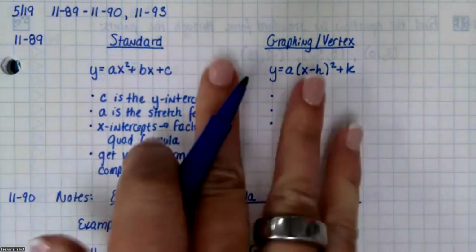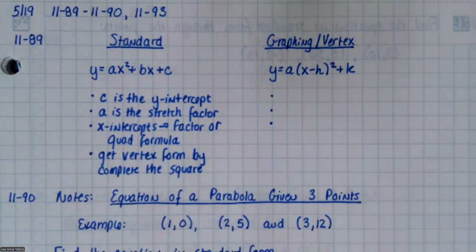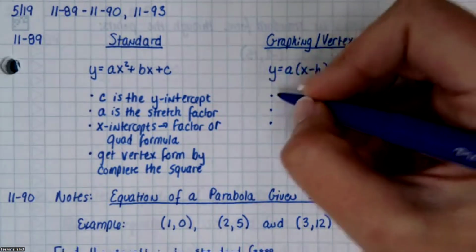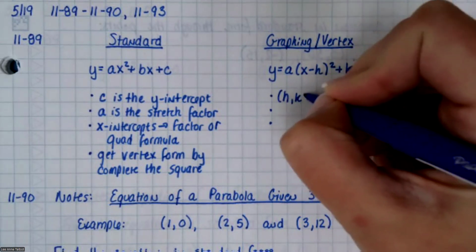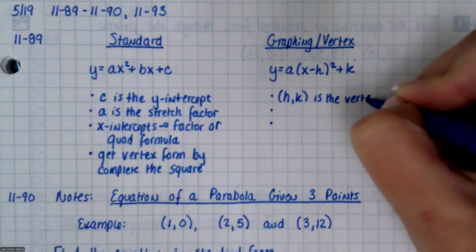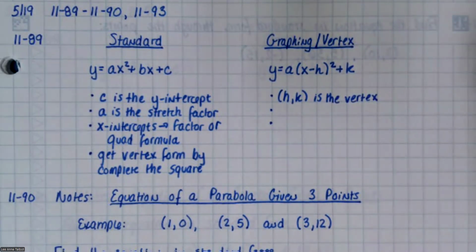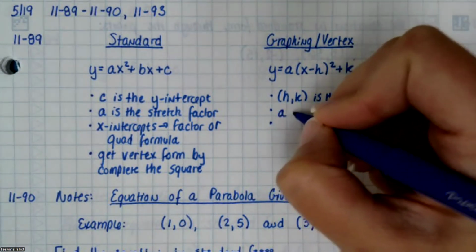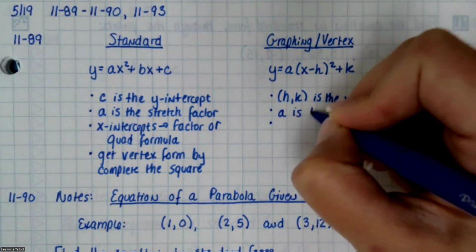So these two things, they are interchangeable if you know your algebra well enough. Okay, now this guy over here, HK is the vertex. A is still the stretch factor.